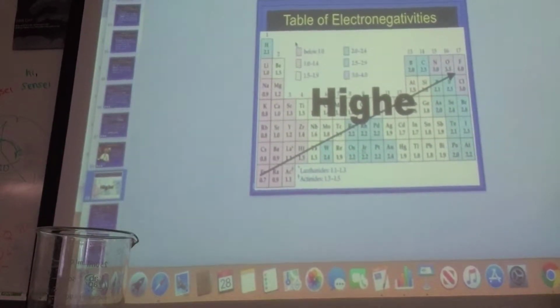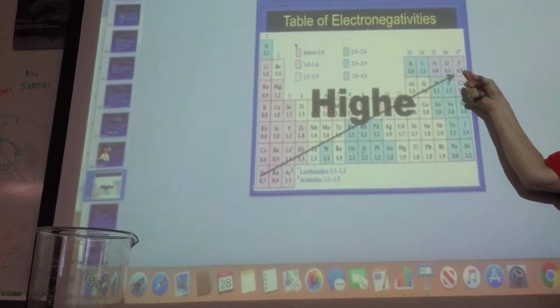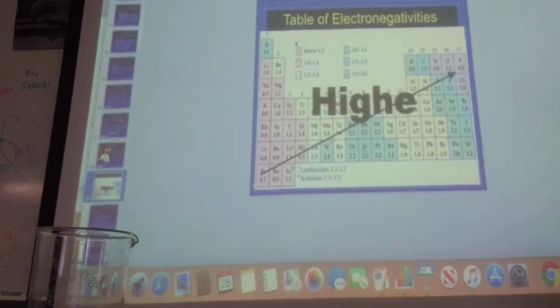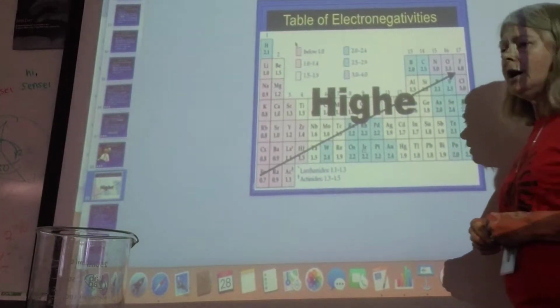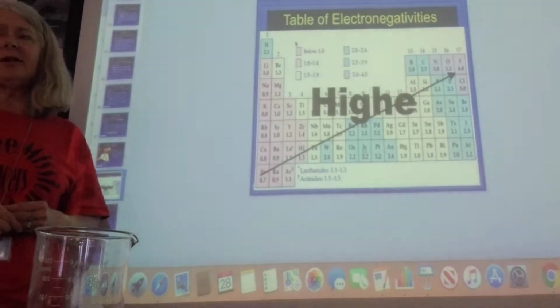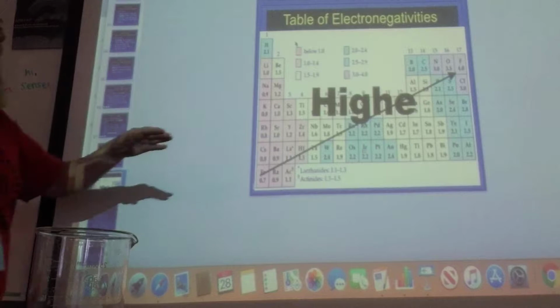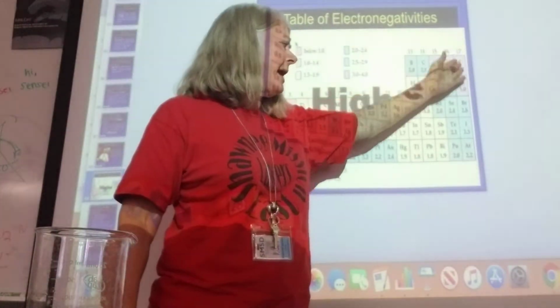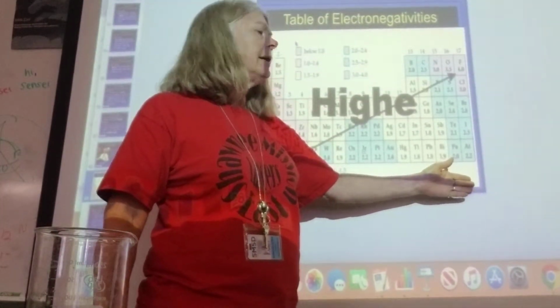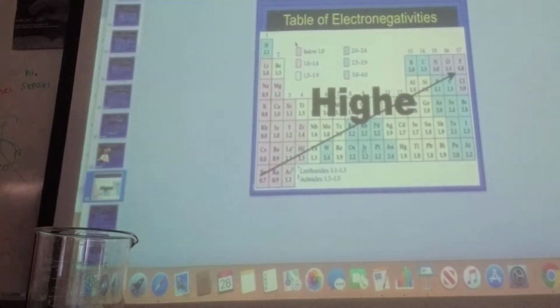Do you agree with that? And then I've got a 3.0 and a 3.0 in these four elements right here. So those four elements are by far the four most electronegative elements on the periodic table. And if we look at trends, since this is highest, what happens as we go down? It decreases and it increases that way.